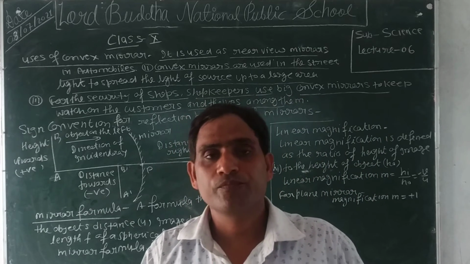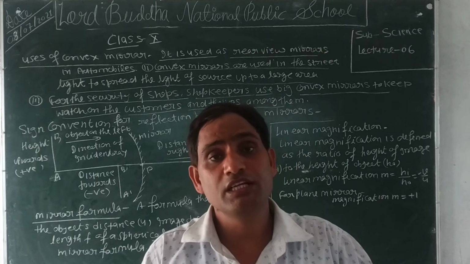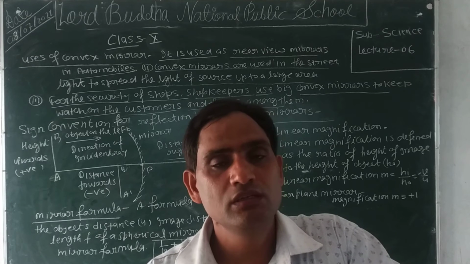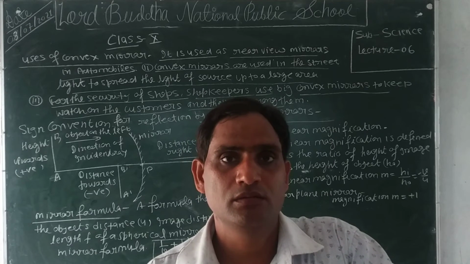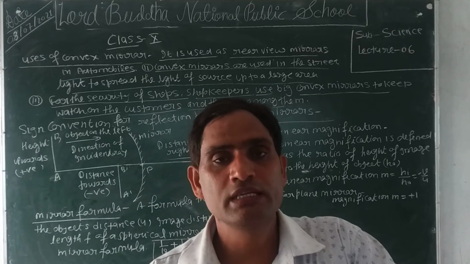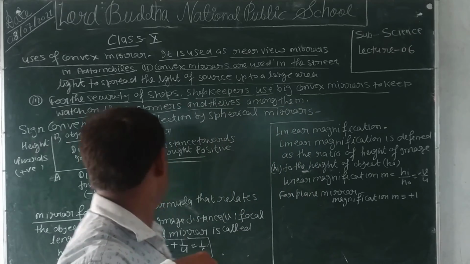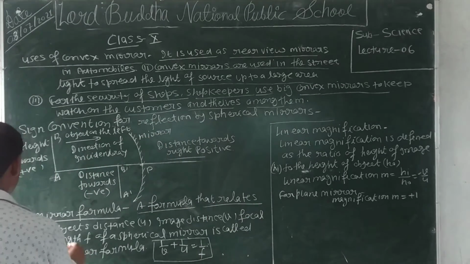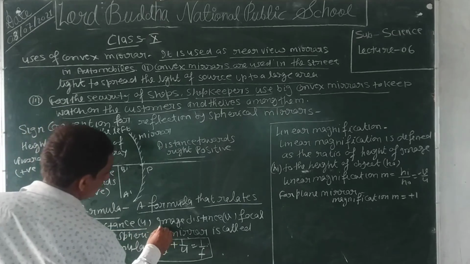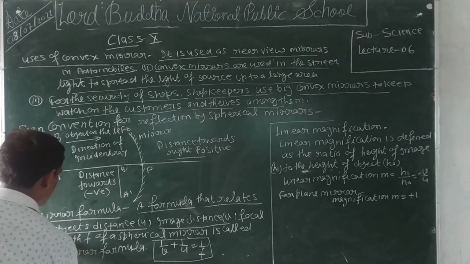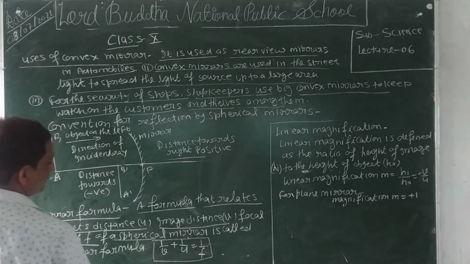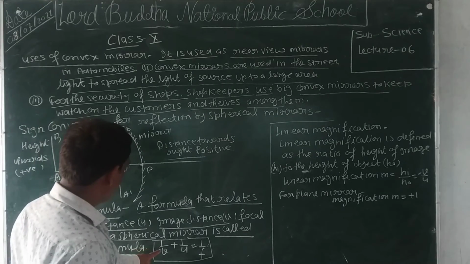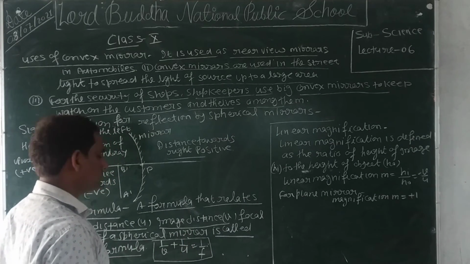A formula which expresses the relation between the object distance u, image distance v, and focal length f of a spherical mirror is known as the mirror formula. 1 upon v plus 1 upon u equal to 1 upon f.